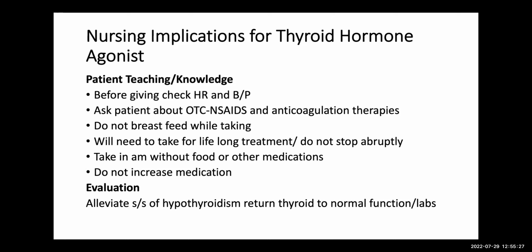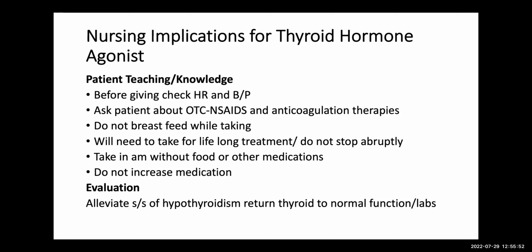So it's for life. We have to teach the patient, don't increase your medicine. Guess what? This medicine has a very long half-life of 14 days. Once you take the last dose, the medicine lasts in your body from that last dose for 14 days. And only half of it goes away in 14 days. The other half still remains behind.